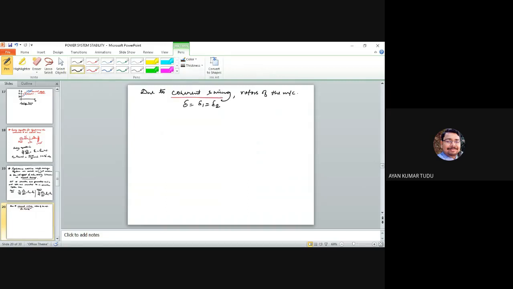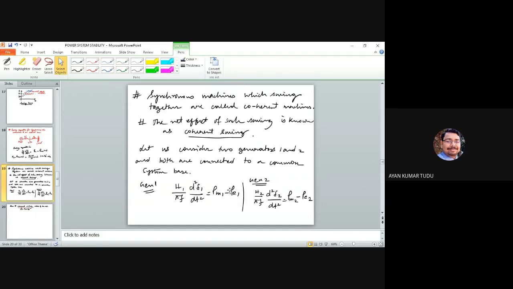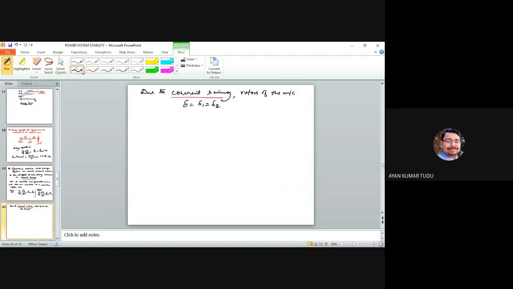So we can add these two equations. If we add them, we get H equivalent by pi f d2 delta by dt square equal to Pm equivalent minus Pe equivalent, where Pm equivalent is obviously equal to Pm1 plus Pm2, and Pe equivalent is equal to Pe1 plus Pe2.